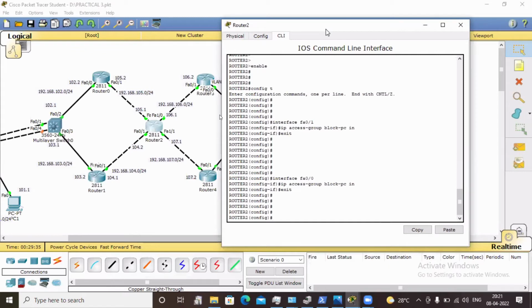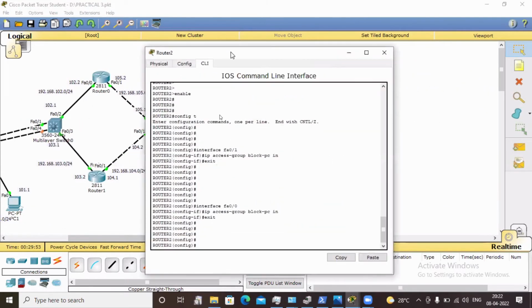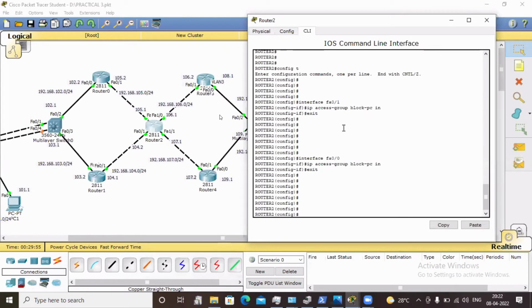Telnet configuration. Okay, that VLAN configuration first of all needs to be done.